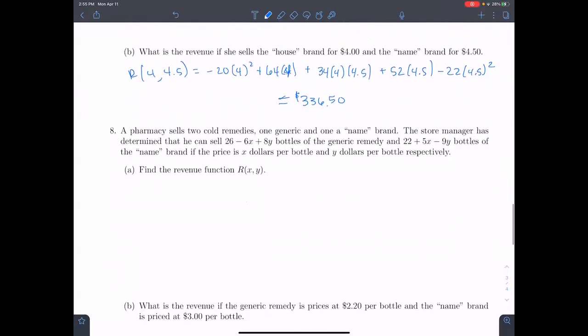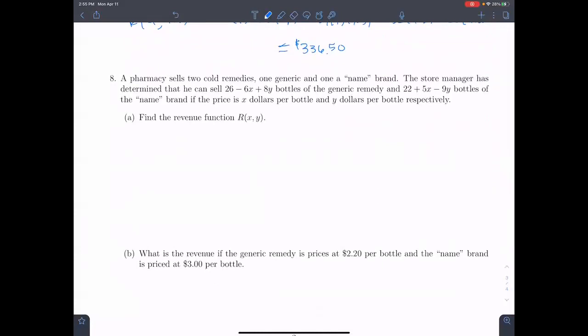So now we have this pharmacy that's selling cold remedies, a generic and a name brand. The store manager has determined that he can sell this many bottles of the generic and that many bottles of the name brand if the price is X dollars per bottle and Y dollars per bottle. So revenue again is going to be price times the number sold, plus the price times the number sold for your generic and your name brand.